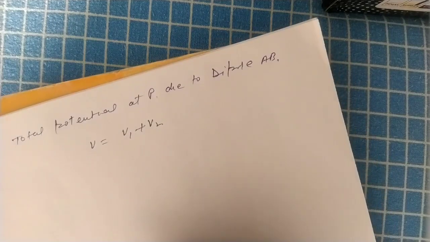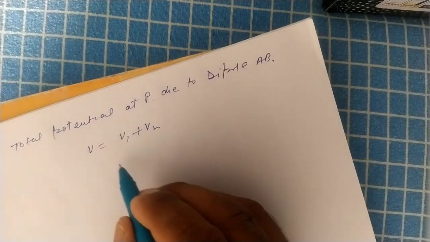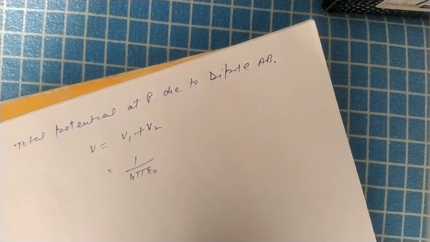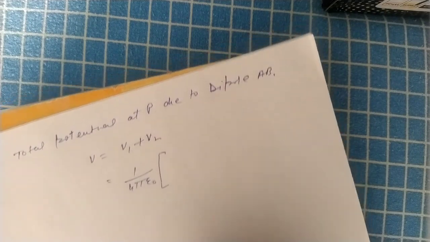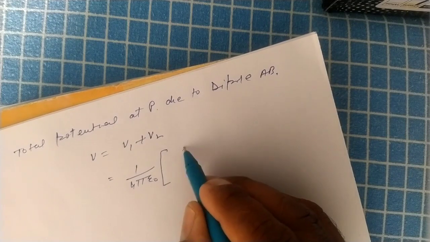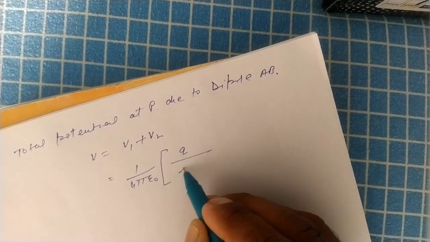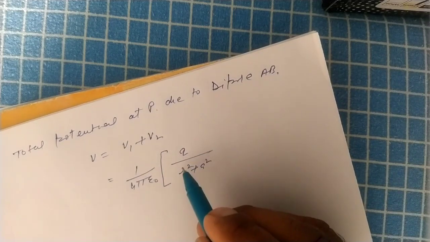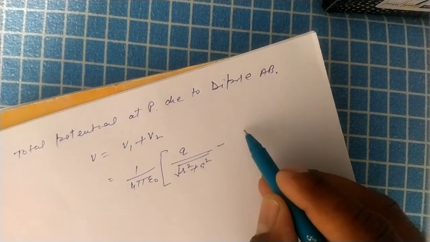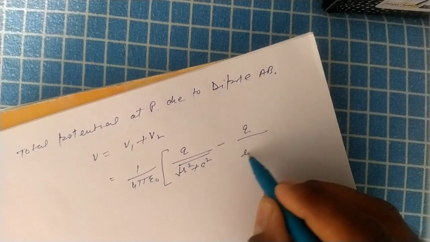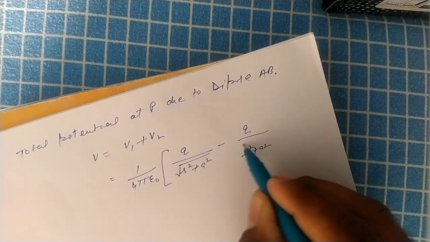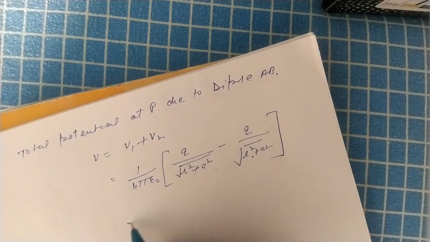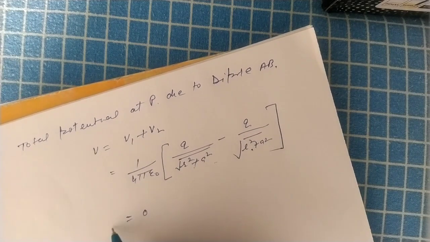Now we put in the values of V1 and V2. 1 upon 4 pi epsilon naught is common in both equations, so we can write q divided by the square root of R square plus a square, minus q divided by the square root of R square plus a square. Both cancel out and the value of the total potential is equal to 0.